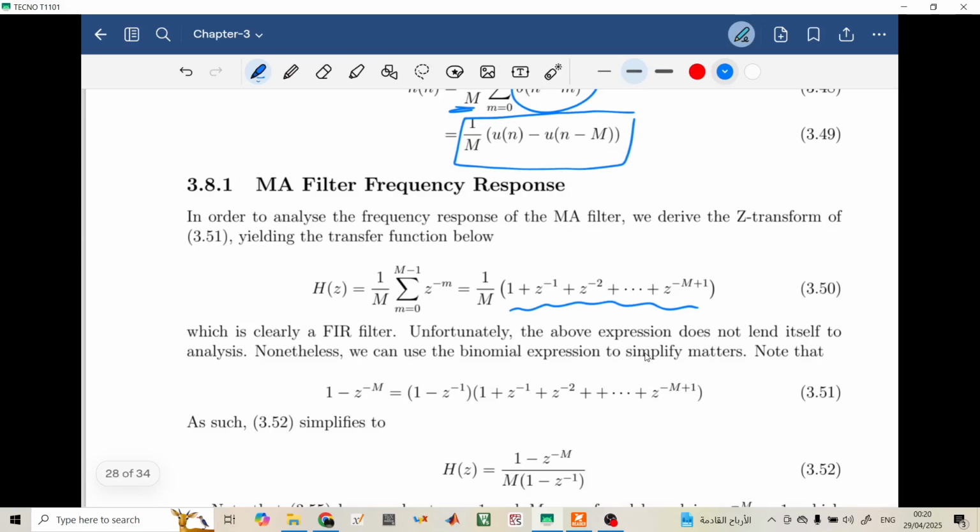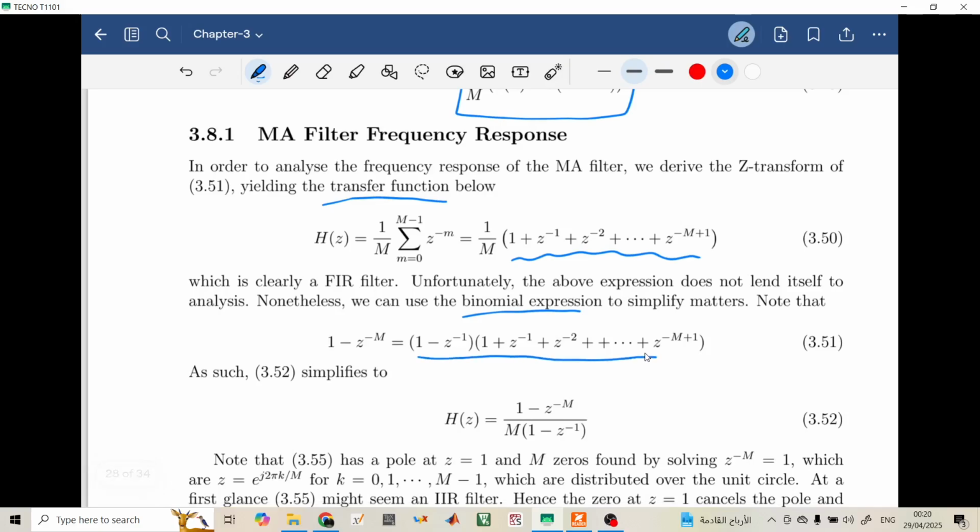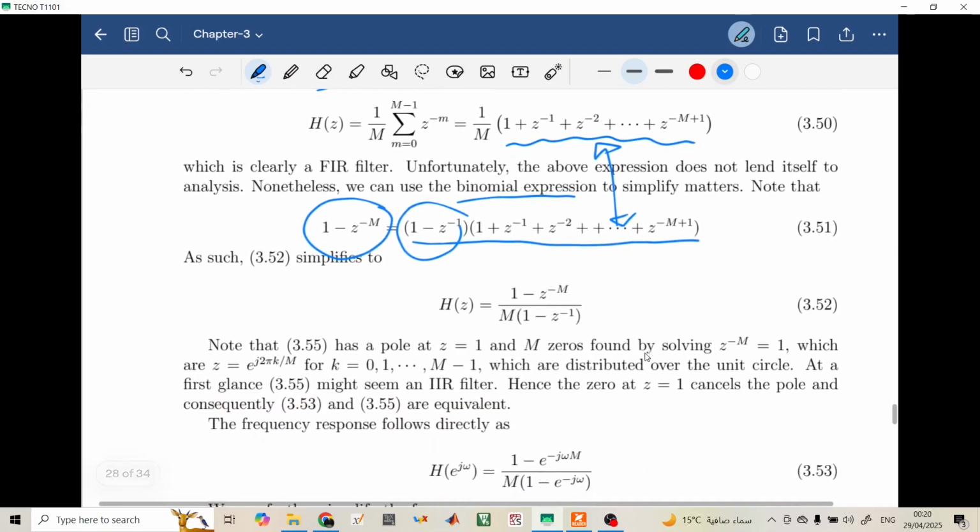In this form we cannot say much about the frequency response, or before that the transfer function. We can use the binomial expansion to simplify the expression like this, and we notice that the binomial expansion of 1 minus z to the minus m equals the first order factor and the term that we want to study. So we can redefine the Z transform as in equation 3.52, right here.